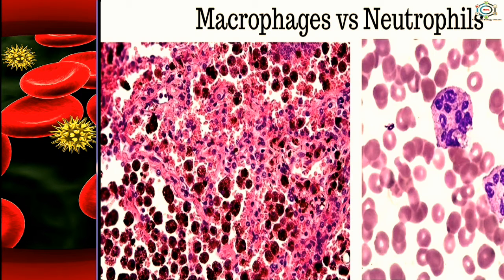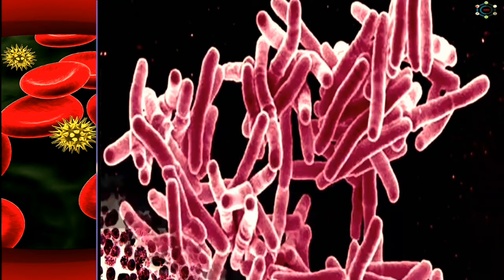Now, soldiers and scavengers. The phagocytic cells, that is, neutrophils and macrophages, besides destroying the microbes, also eat up the dead tissue cells. They are popularly called the soldiers and scavengers of the body.